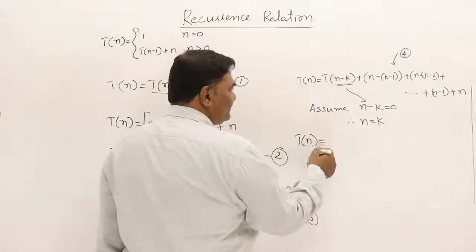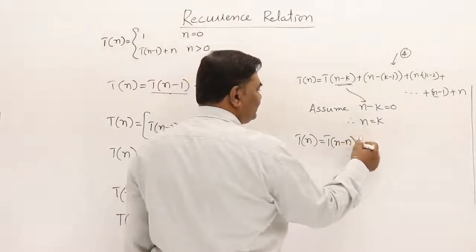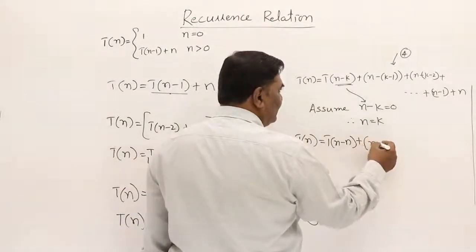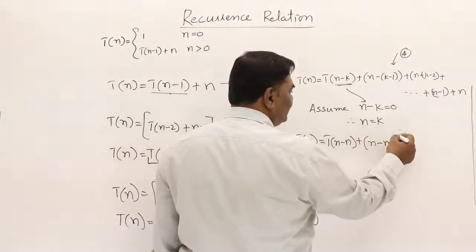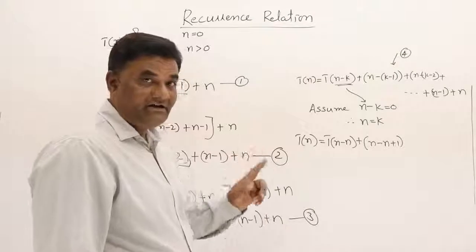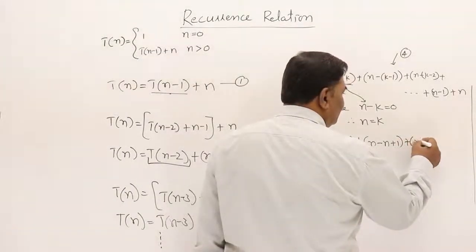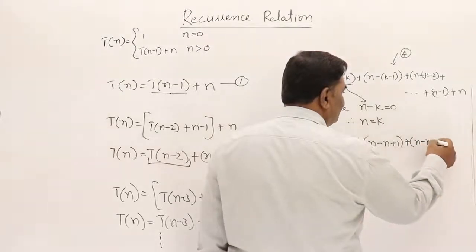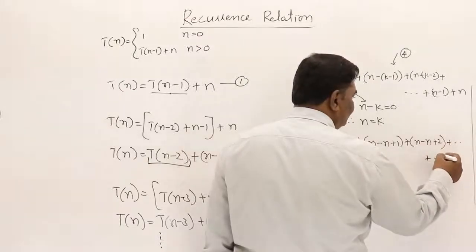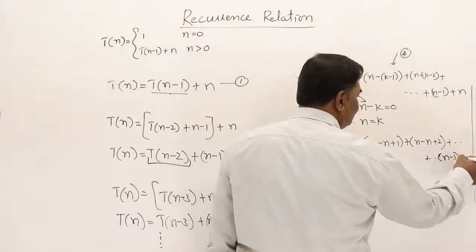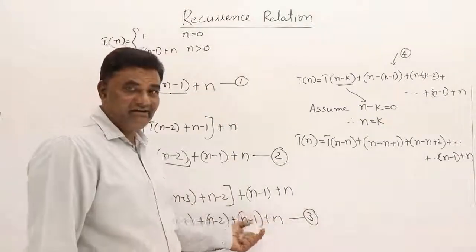Tn is equal to this one, Tn minus n, plus n minus, I'll open this. So this becomes minus n plus 1. So instead of k, I am writing n and then I am opening the bracket, plus n minus n plus 2. Then goes on, last terms will be n minus 1 plus n. These 2 last terms as it is, there is no k here.